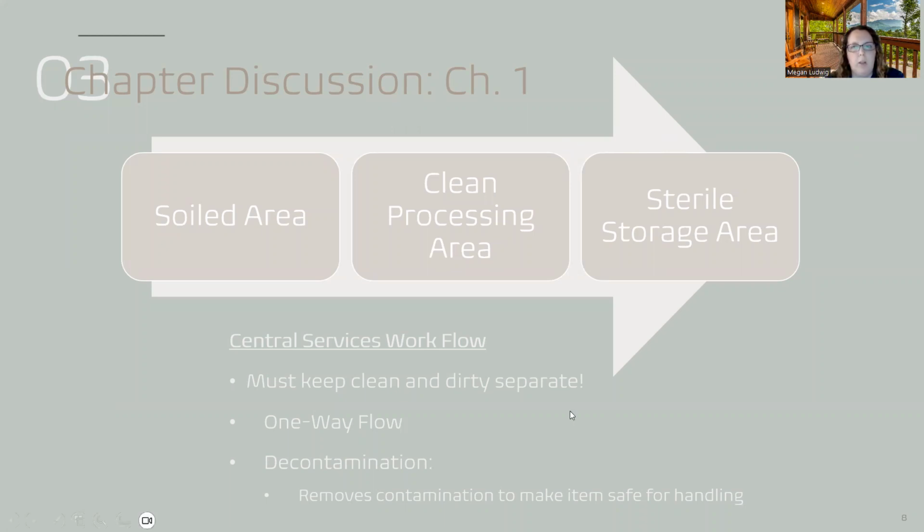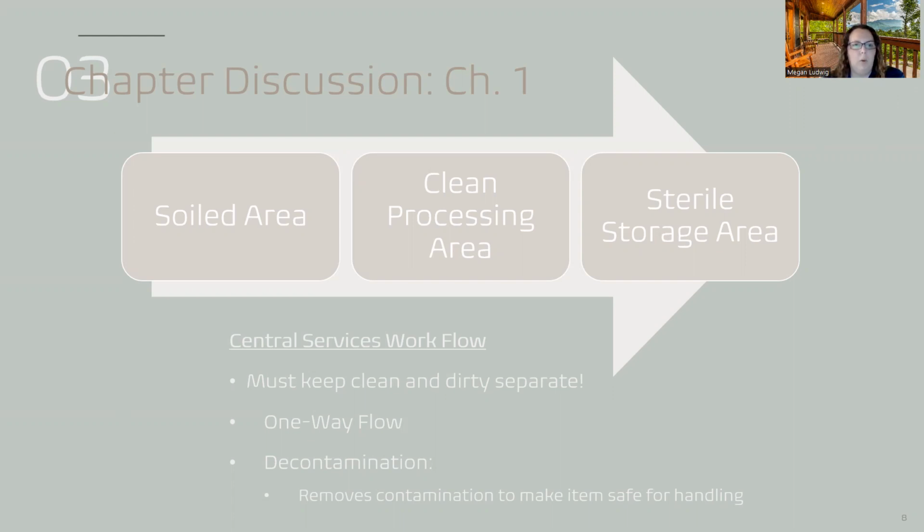So notice, it is a one-way workflow, okay? You can't take sterile items and carry them back into the soiled area. Theoretically, at that point, they're contaminated and you have to start over. We always say you have to keep clean and dirty separate in the whole process, okay? You can't cross over, you can't go back and forth.